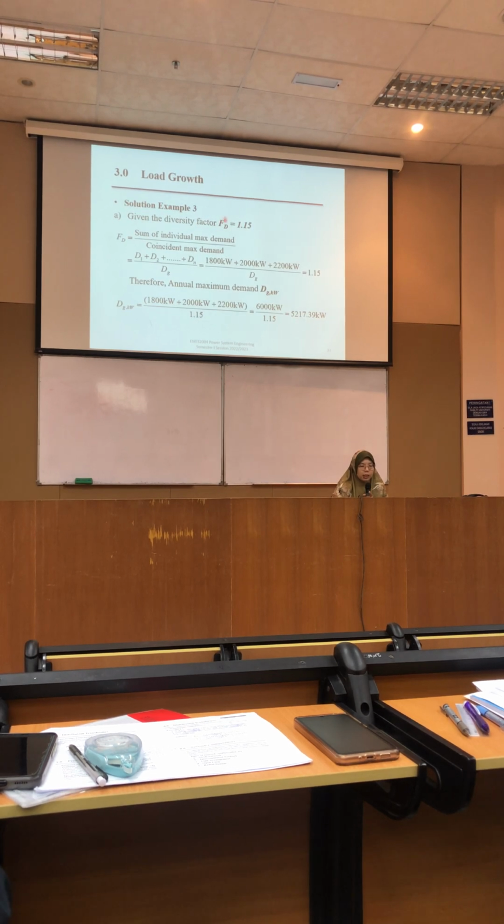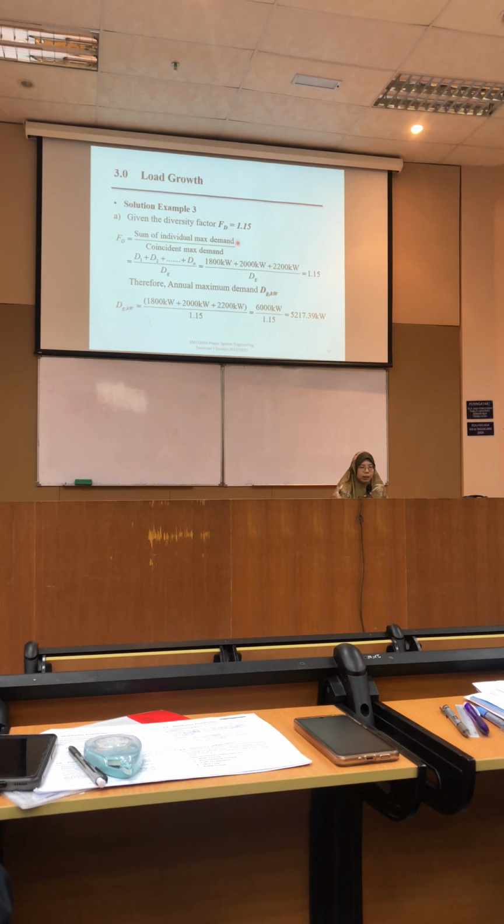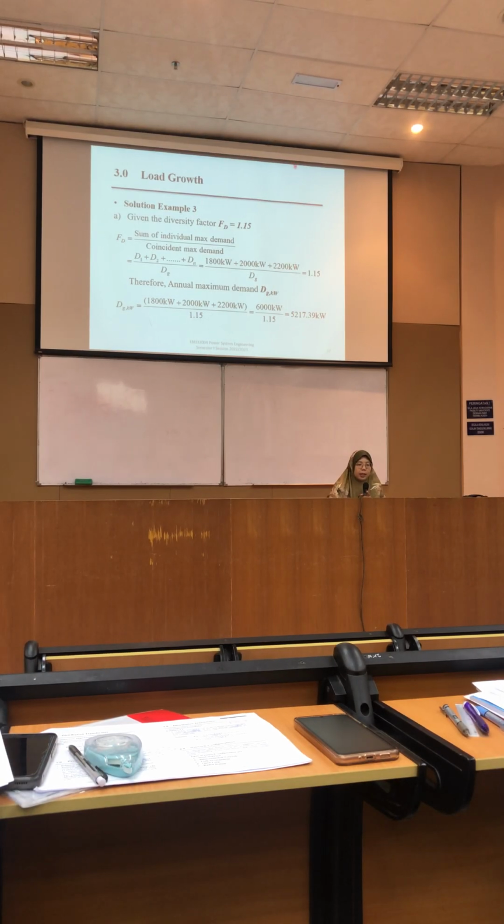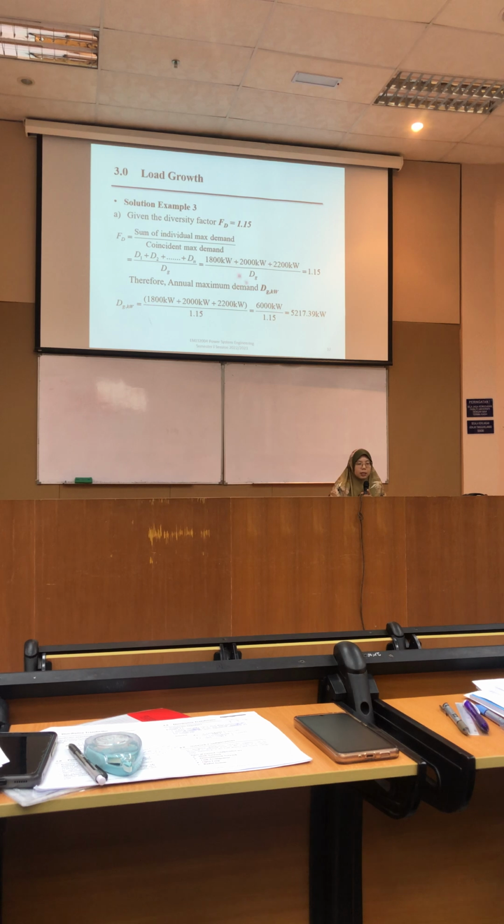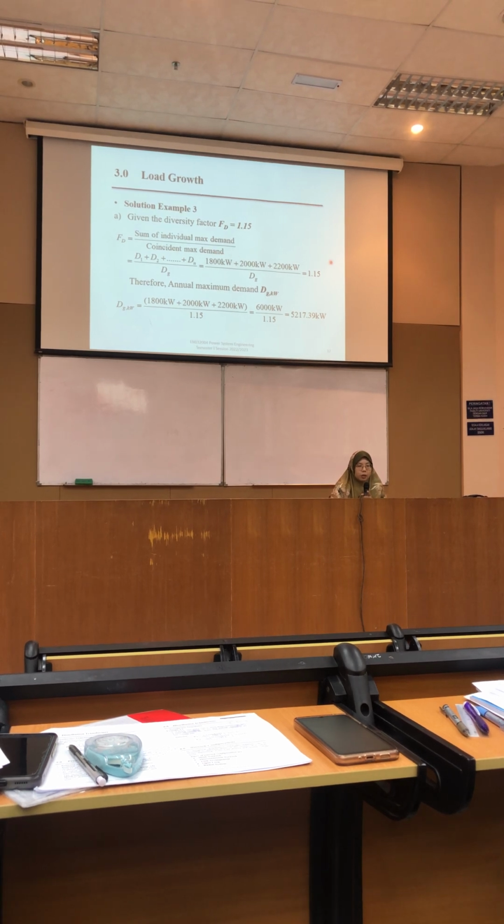So the given diversity factor FD equals 1.15. Sum of individual maximum demand here. How do we know here? This is feeder 1, feeder 2, feeder 3. Means that the transformer supplies this load. The first load is 1,800, 2,000 and 2,200 kilowatt divided by FD. Okay, so DG is the coincident maximum demand, and FD is the diversity factor.